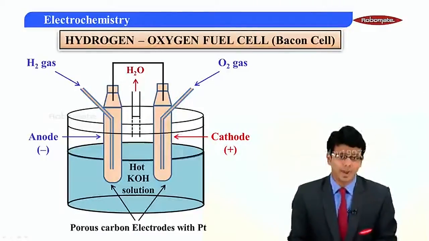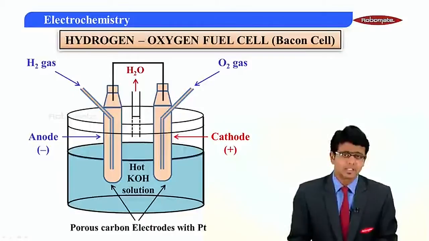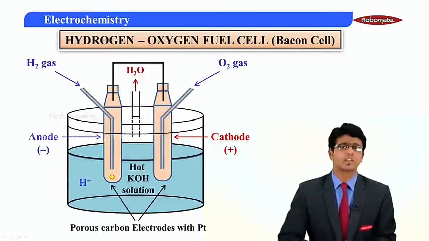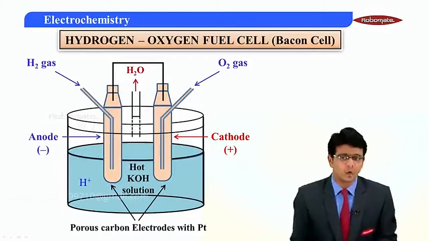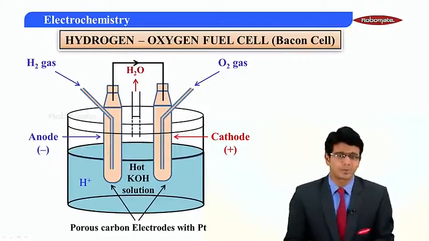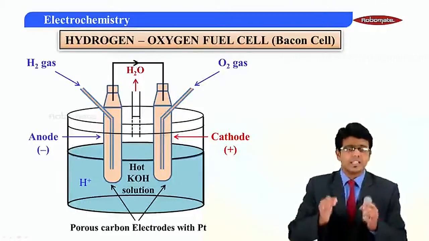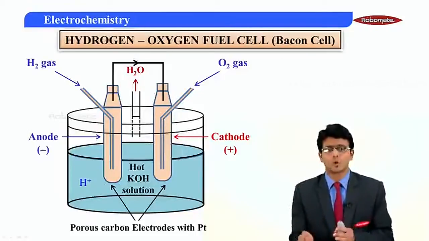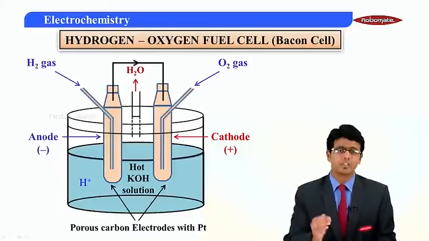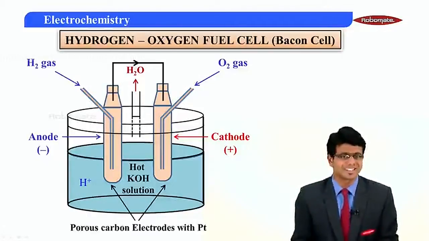Now mechanism wise, hydrogen gas is passed through this inlet into the electrode, wherein it gets oxidized to give H plus ions. The electrons which are released will travel through this metallic wire and will enter the cathode. So precisely the chemical energy which is stored in hydrogen gas is directly getting converted into electricity, right? So obviously its efficiency is going to increase.